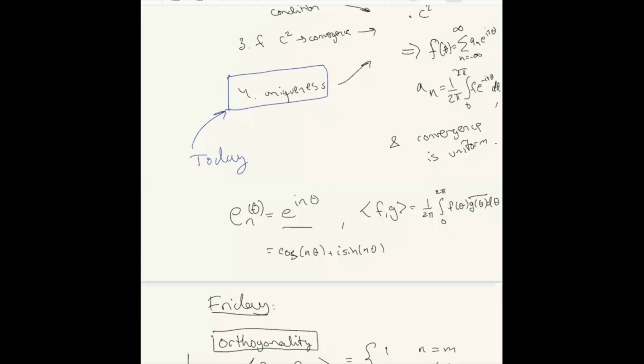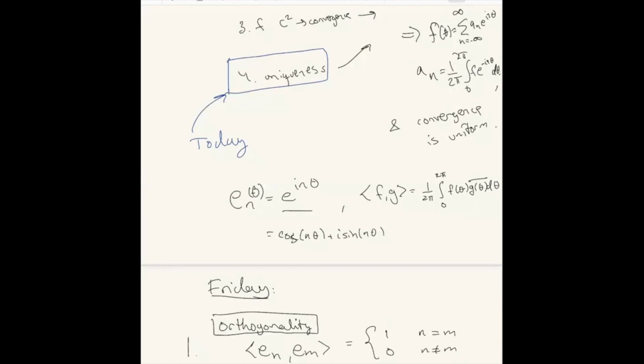So this was a convenient way of using this complex imaginary unit to include both the cosine modes and the sine modes. That way we don't have to use so many trigonometric identities. And if we have two complex valued functions, then we define the inner product on the space by an integral of f times the conjugate of g. There has to be a conjugation because we have complex valued things. And then we normalize by a factor of 2π.